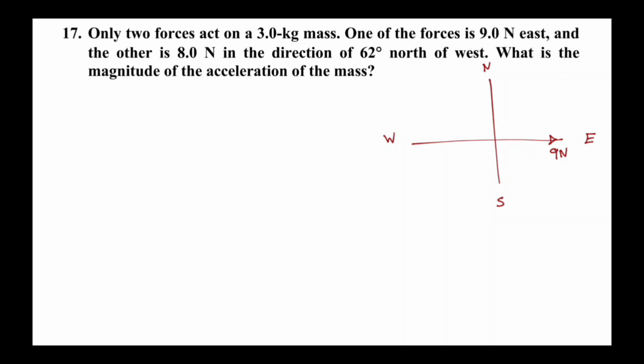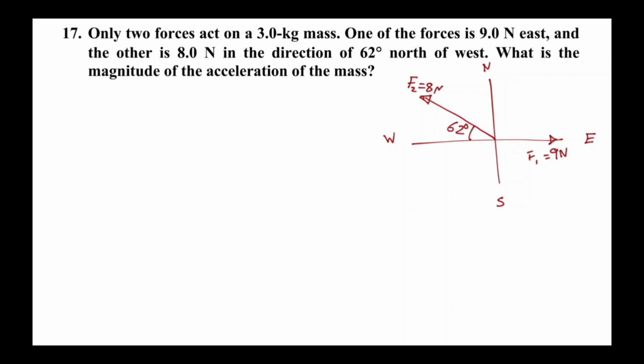You start in the west and go to the north with 62 degrees. This is the meaning of north of west, 62 degrees this way right here. This is F2 equal to 8 newtons, and this is F1.